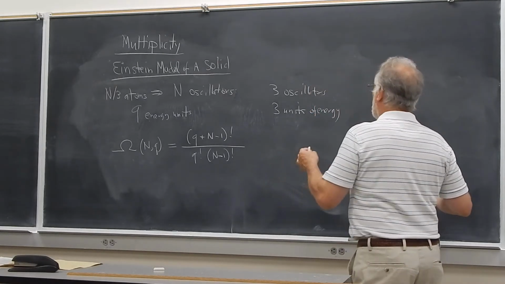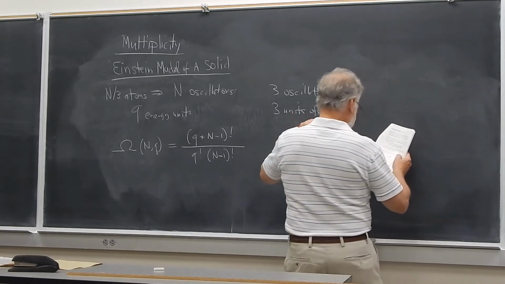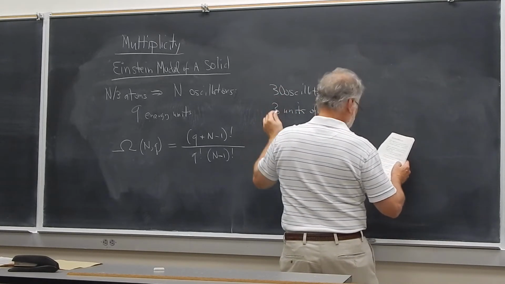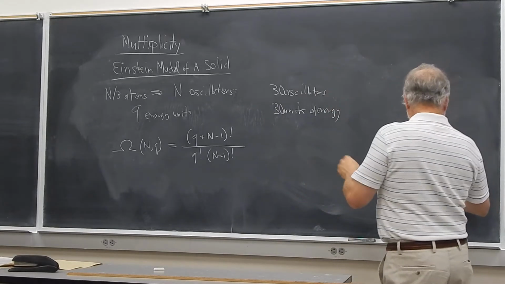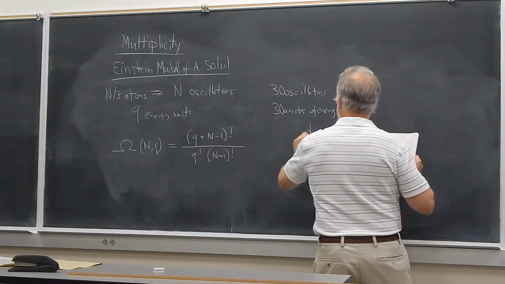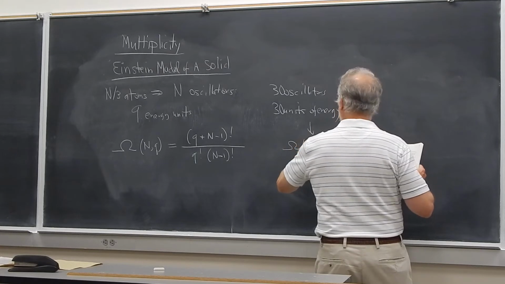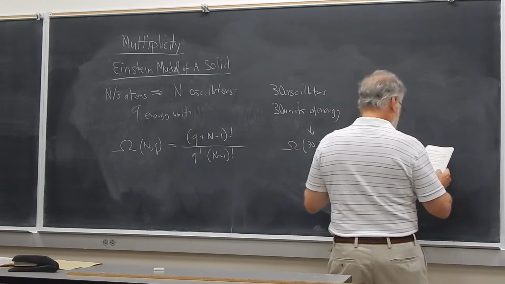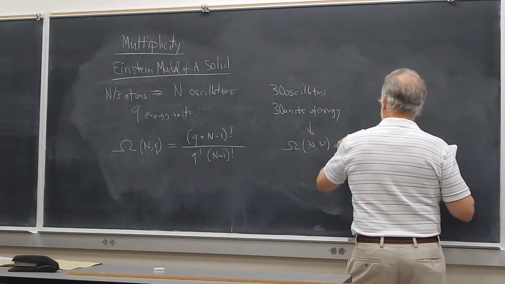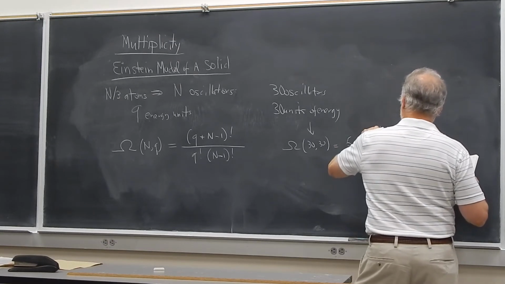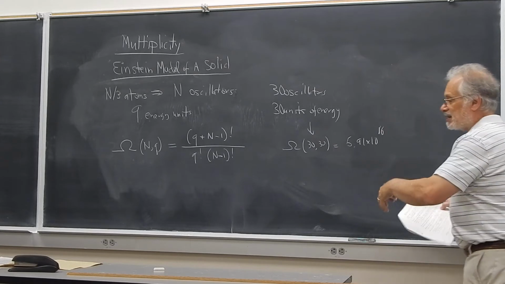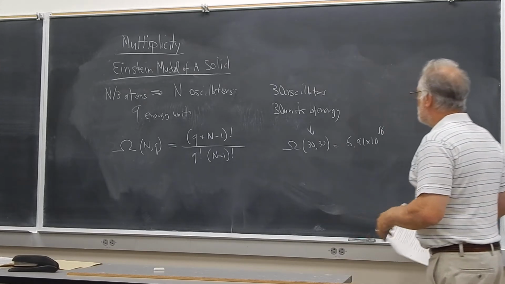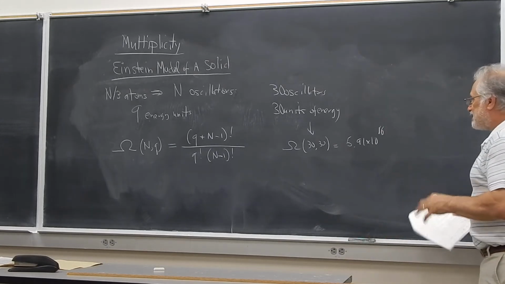Beyond that, we said, let's do 30 oscillators with 30 units of energy. And when we did that, we came up with a number of possibilities, omega of 30 and 30 equal to 5.91 times 10 to the 16. So for just 30 oscillators and 30 units of energy, we have 5.91 times 10 to the 16 possibilities.